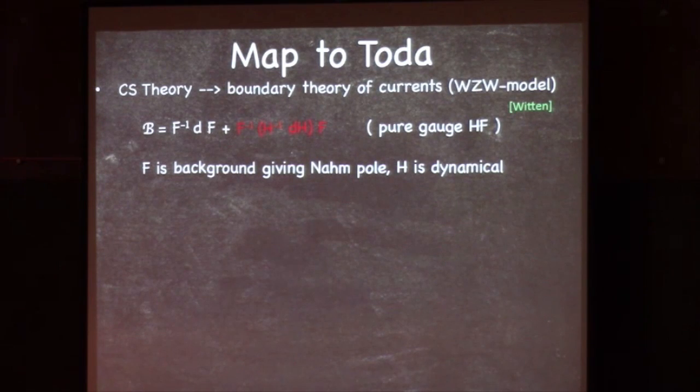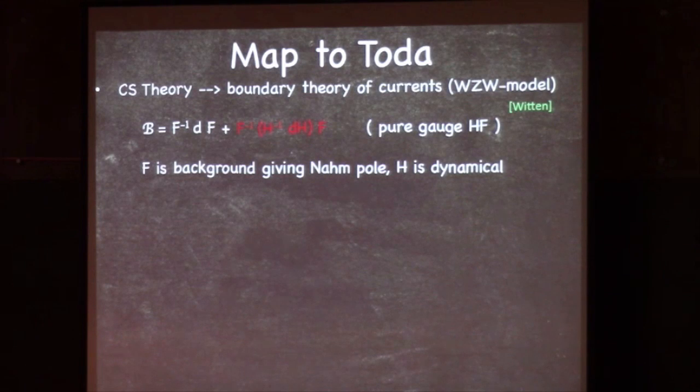And it's flat so I can think of it as, roughly speaking, pure gauge. So I write it in this form. So F here is a background that's giving this Nahm pole. And this matrix H that I've written here is going to give the dynamical degrees of freedom.